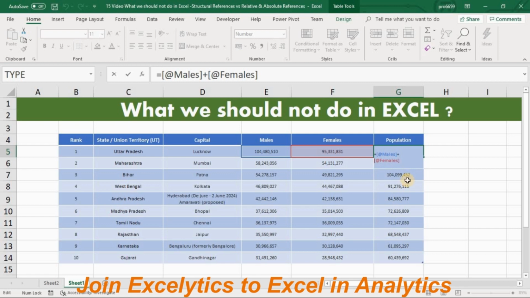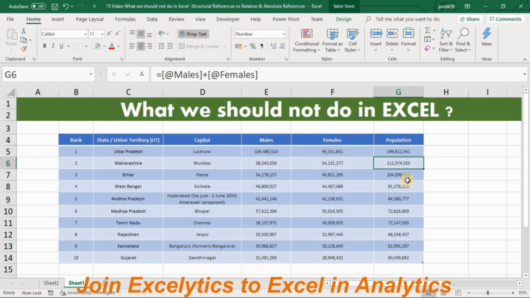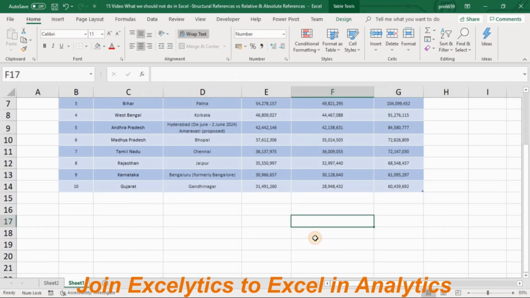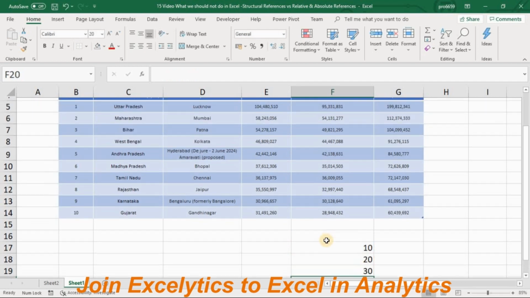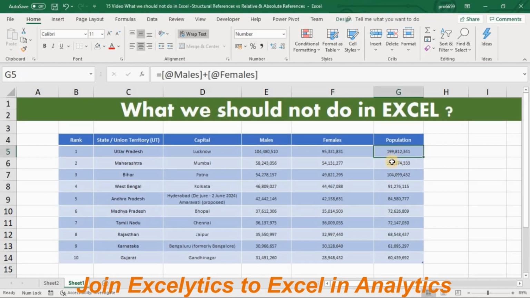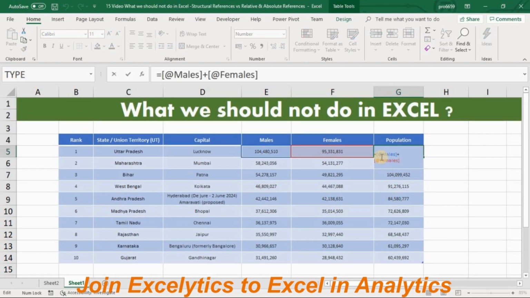But in general, if you write any formula, suppose I have 10 here and 20 here, and I write a formula to add up these two numbers, the formula will be something like F17 plus F18. But in our table, if you look at the formula, it shows @Males plus @Females.